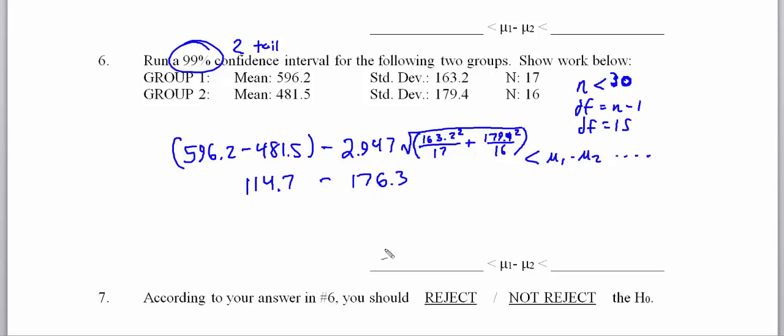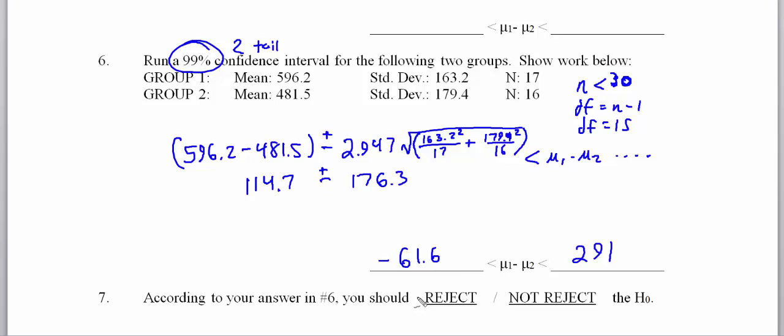All right, so if I subtract these two, it gives me negative 61.6. And if I do the other side, which will be the plus of that, you can see how on some sheets or some videos I use plus minus instead of listing both sides of this equation, but it gives me 291.